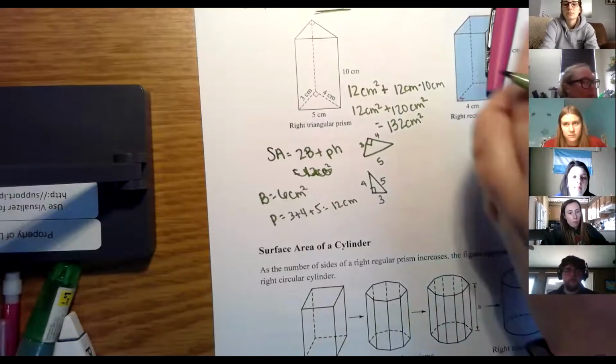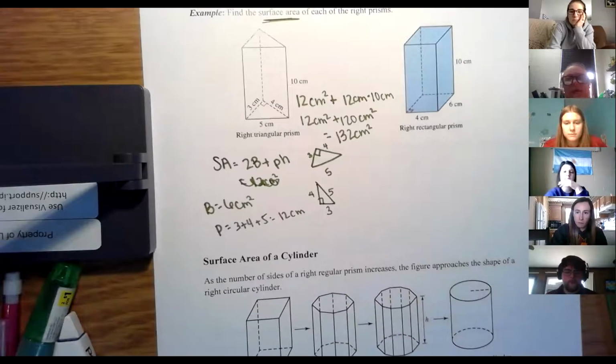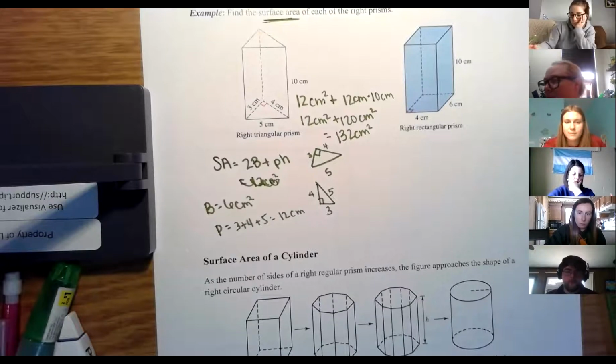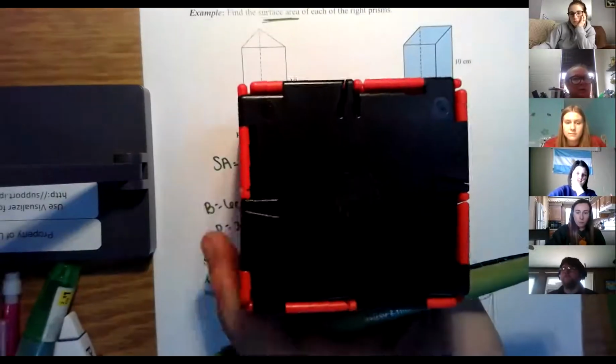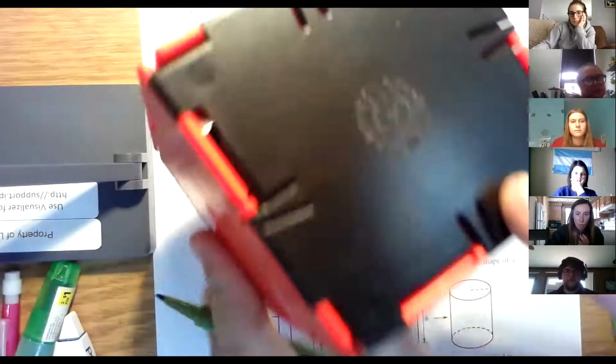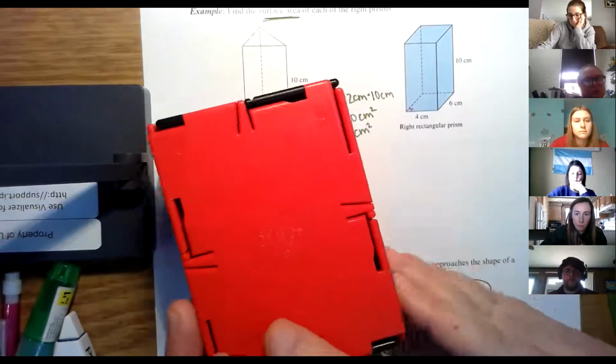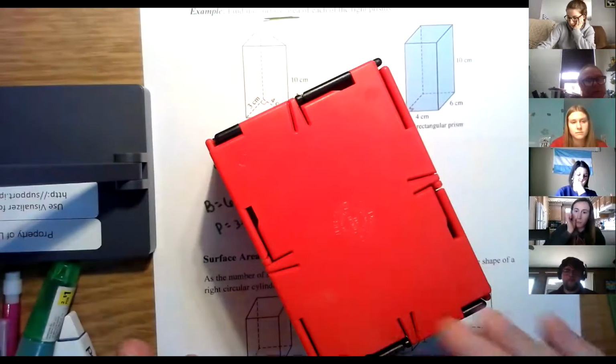All right. What about this guy? So that's just a rectangular prism. I have these two bases, and then those are my lateral bases.